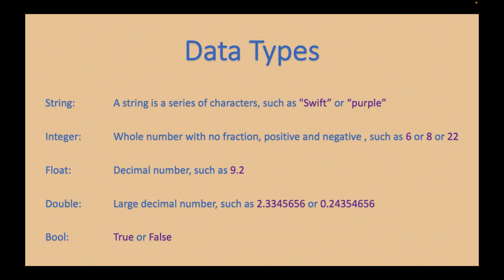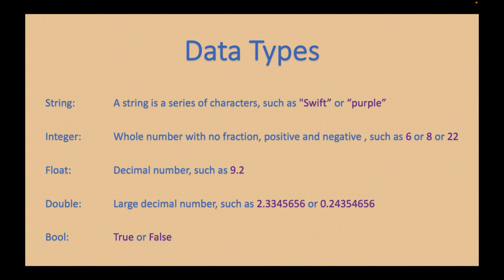An integer is a number with no fraction part. It can be positive or negative. Examples are like 6, 8, 22, 55, like that. And float data type is a decimal number with a fraction part, 9.2, 5.6, 3.4, like that. Next is double.